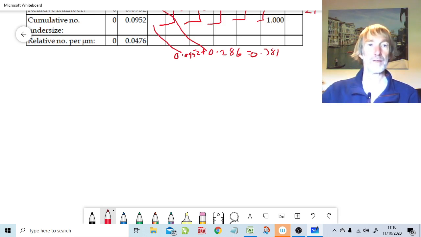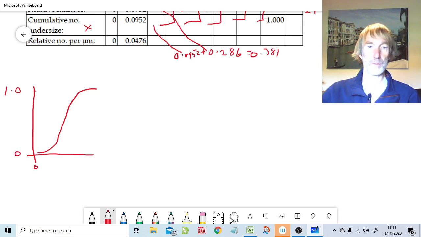So let me illustrate that. First of all, let's come back to the cumulative number undersize. If we were to plot the cumulative number undersize, again of no particular data, but our data would be fairly similar to this, it goes up to 1.0, starting from 0.